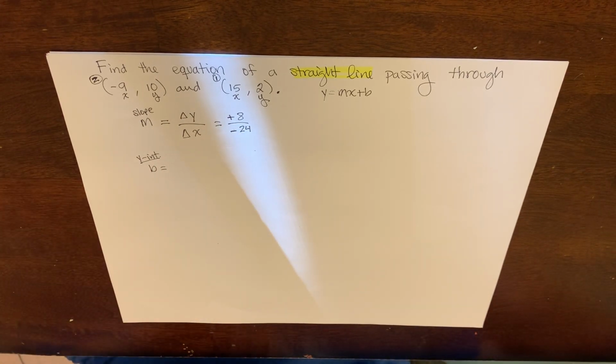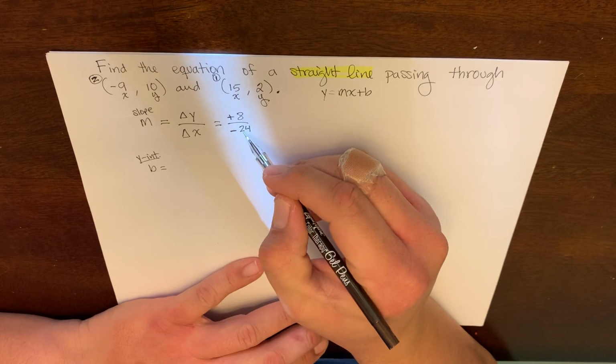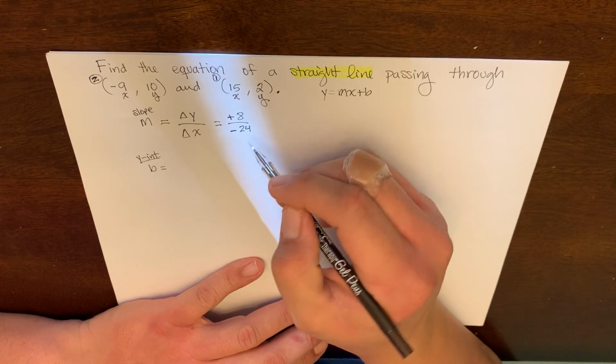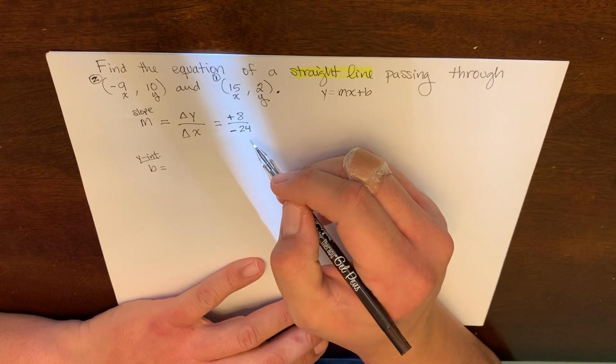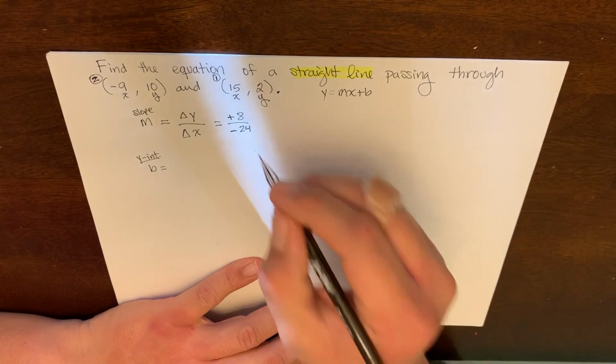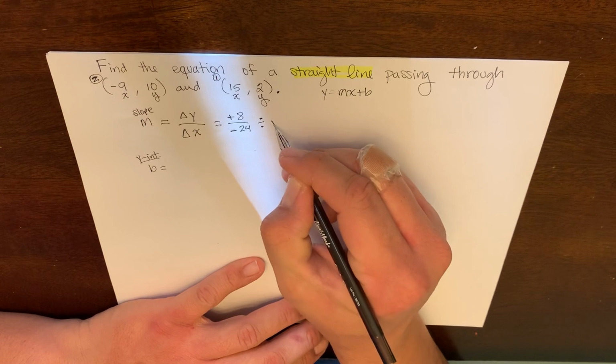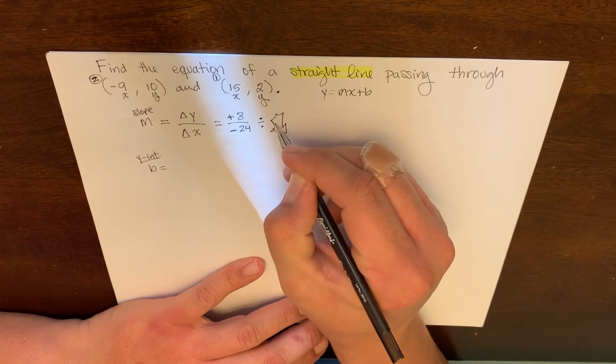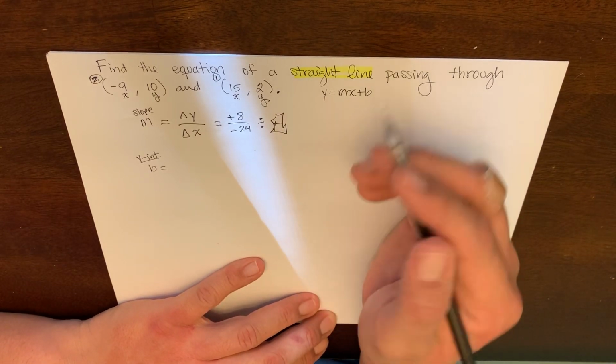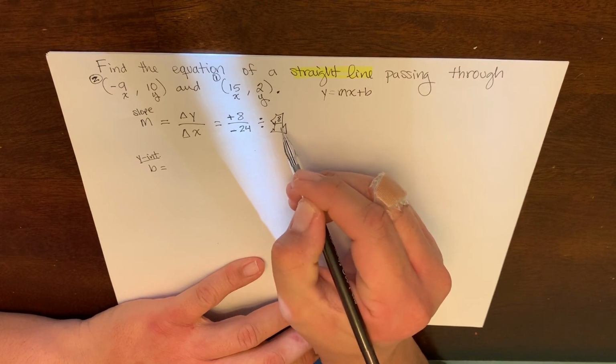So now we know that our slope is +8 over -24ths, or we can call this 8 over -24, or -8 over 24. We're going to divide this by a giant 1 to simplify. My giant 1 in this case is going to be 8/8.